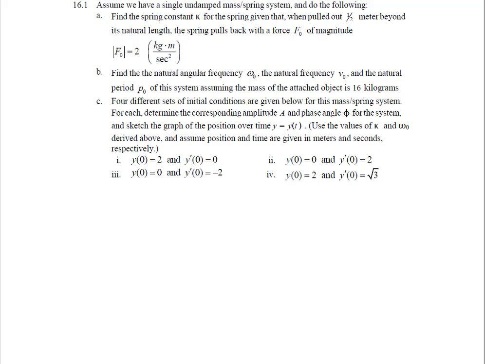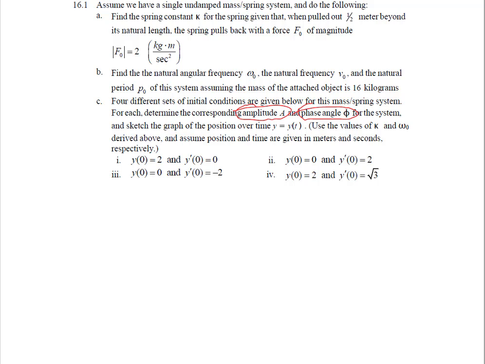Now to find our amplitude and phase angle, we're going to need to solve the differential equation and do our appropriate conversions. So let's construct our differential equation.